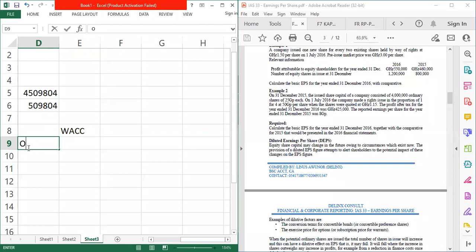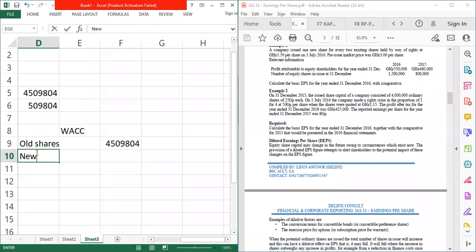In our workings, we have the old shares, which will be 4,509,804. These shares will be there for the full year.